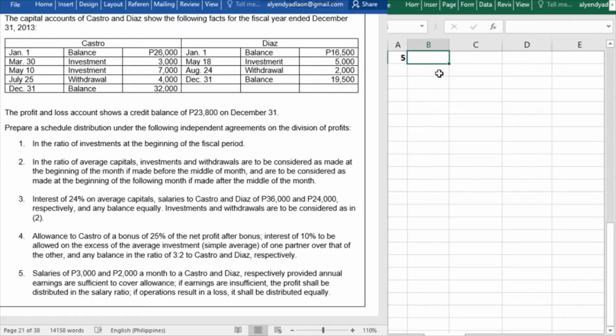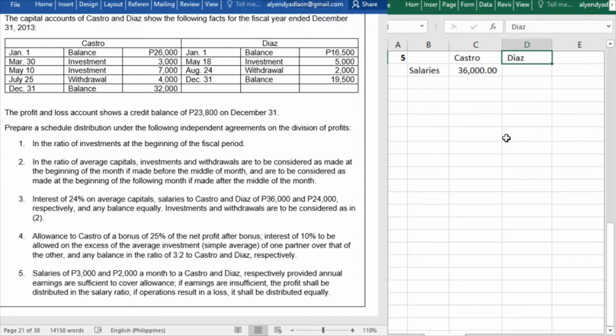Now, class, let us first compute how much are the salaries of Castro and Diaz. So for Castro, that is 3,000, right? Okay, we have here for Castro salaries, that is 3,000 multiplied by 12, so that is 36,000.